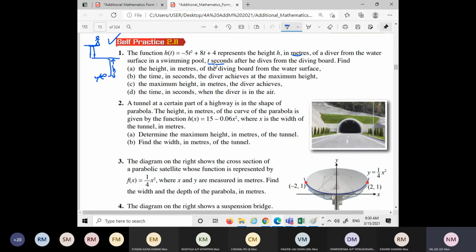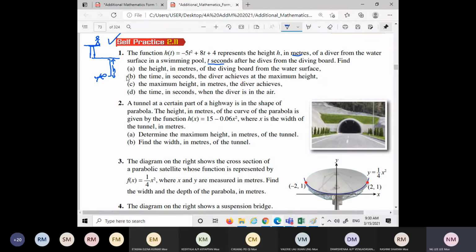When T is 0, the diver starts jumping from the diving board. So they want you to find the height. I think you will get your answer: when T is 0, it is 4.